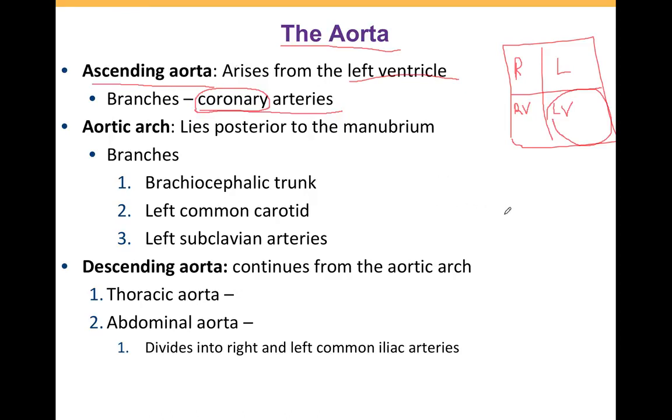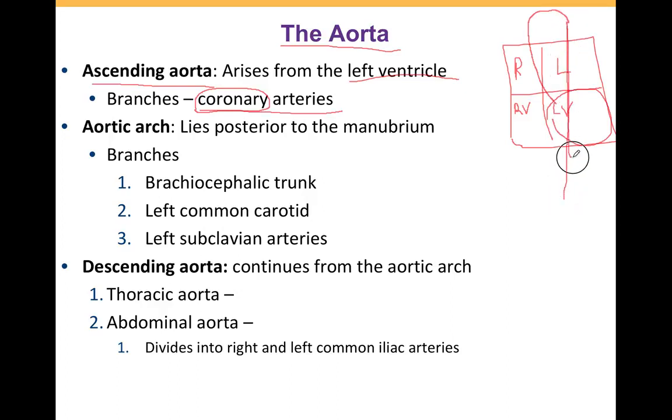Now, as you take the aorta, left ventricle, as you come off of the left ventricle, see I'm going up, I'm ascending. Then I'm gonna loop, and that loop that I'm forming is known as the aortic arch. And then I start to go behind the heart and come back down. So what am I doing?